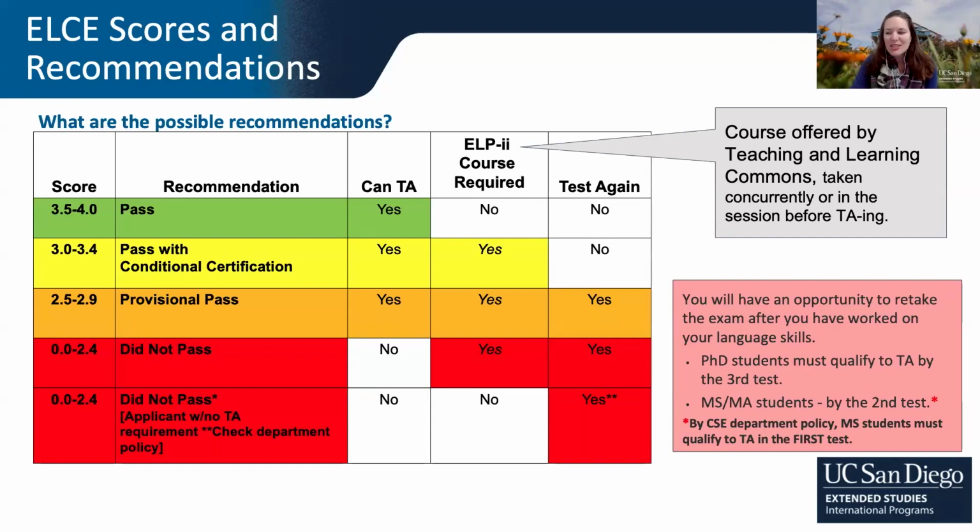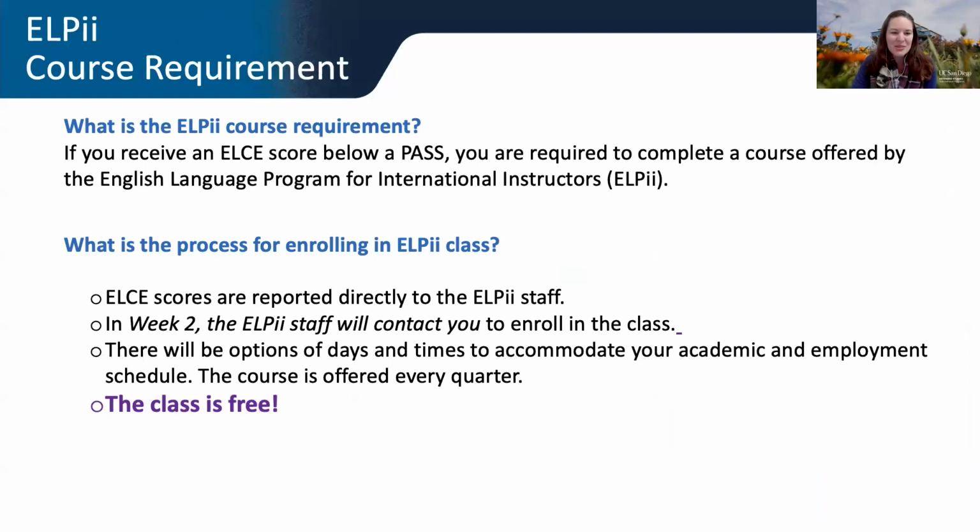So here's a great chance to transition to what Teaching and Learning Commons can do for you. If you receive any ELCE score below a pass, so below that green band on the previous slide, you're required to complete the course concurrently with your first quarter of TAing or in the quarter before you become a TA, or retake the ELCE.